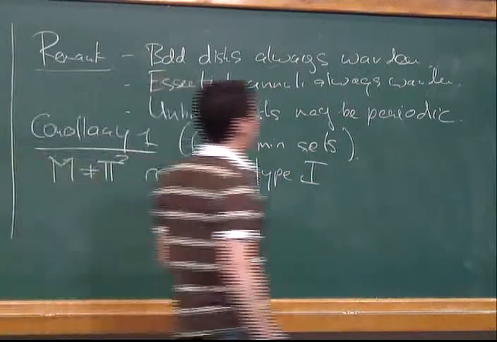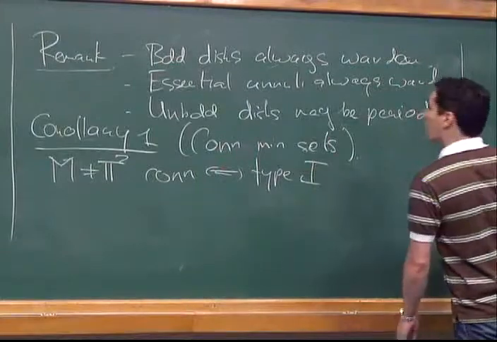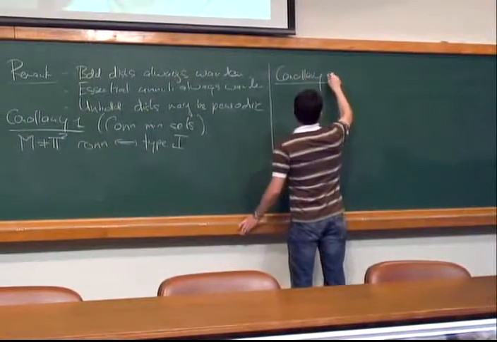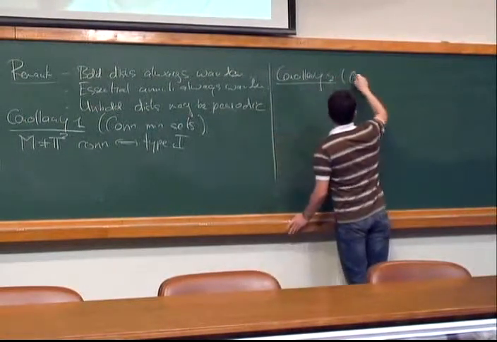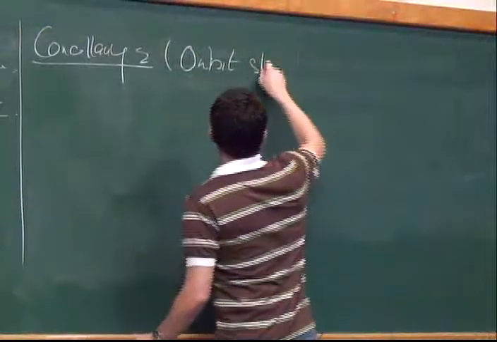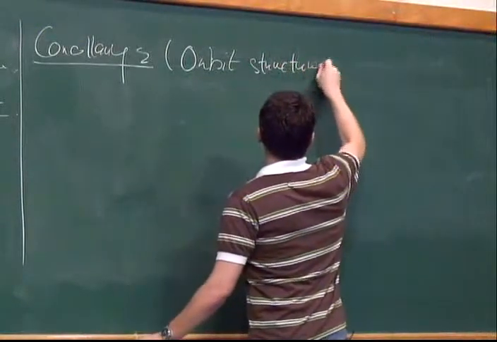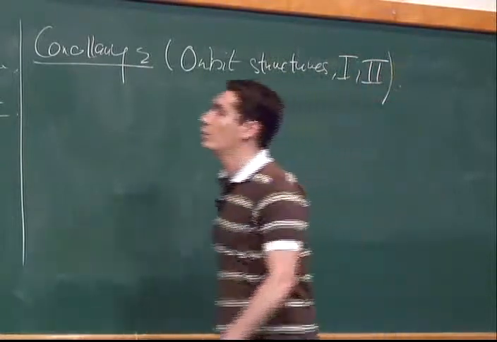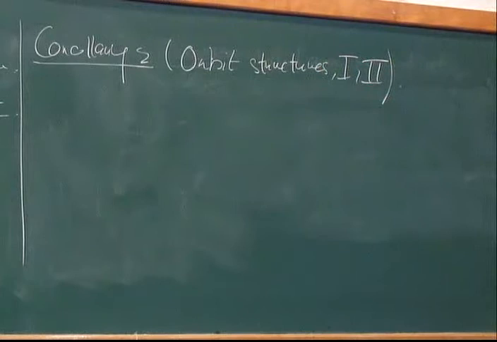So the second corollary is something that I was basically always interested in, the orbit structures. So what can you say about the orbit structures? Well, let me first make the statement about type 1 and type 2. Type 3 is different, as it turns out. Remember that in dimension 1 you had a unique minimal set which equals the non-wandering set, and every orbit limits on that same unique minimal set.